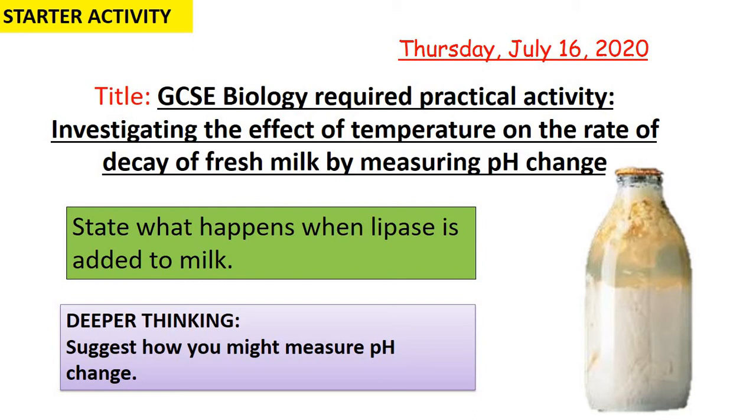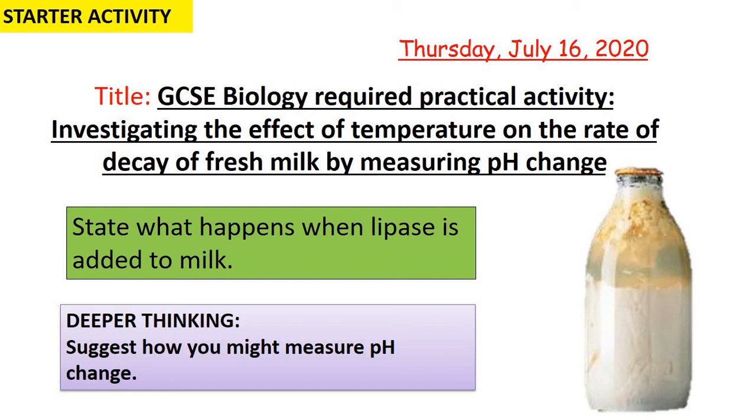So what we're doing really here is we're not strictly looking at decay, because decay takes a long time. Microorganisms, microbes, bacteria, they take a lot of time to decay organic matter. It's not something that you could realistically observe in a lesson.